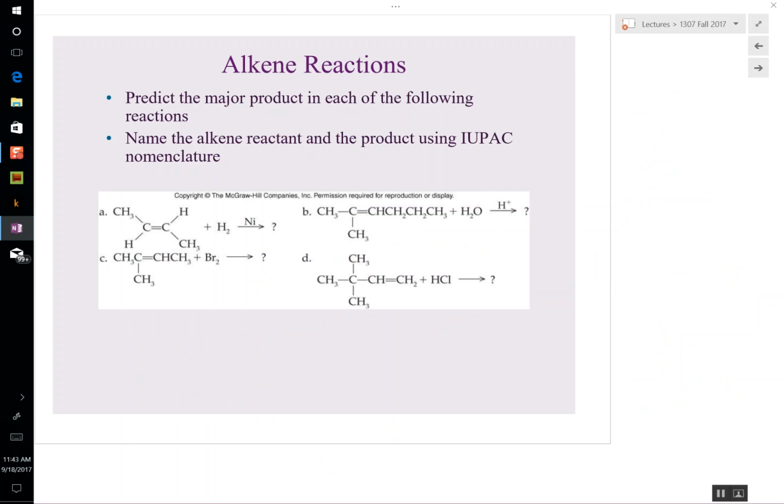Well, let's just do one. Let's do this one. And what is the major product? What is the major product going to be here for B?